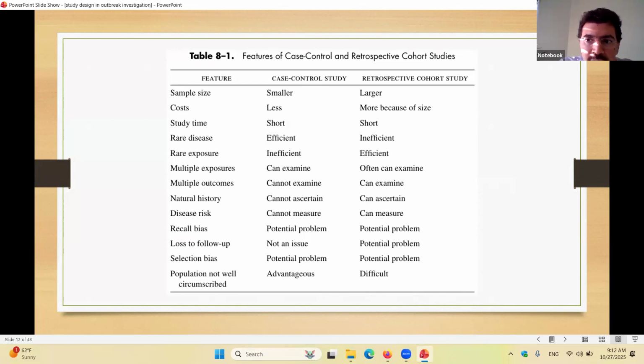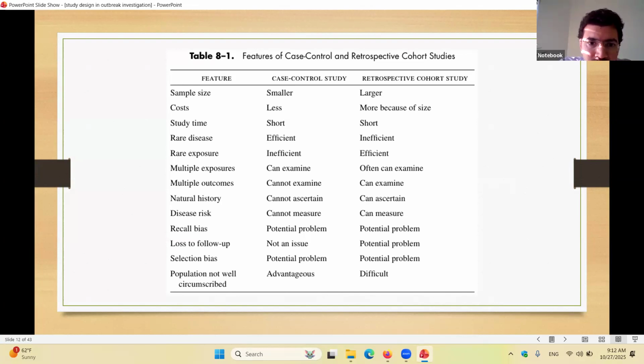Logically, we cannot examine multiple outcomes in case control studies because we categorize the groups based on a specific outcome. And we cannot investigate the other outcomes, logically, as you think.